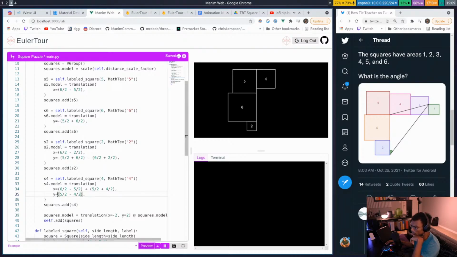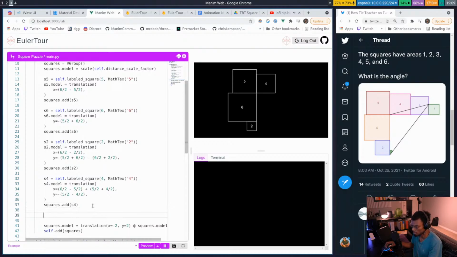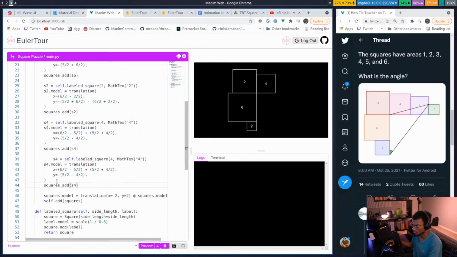Nope. It needs a negative. Okay, good. And that's perfect. This is always copy paste the wrong way. Okay, let's do the 3.